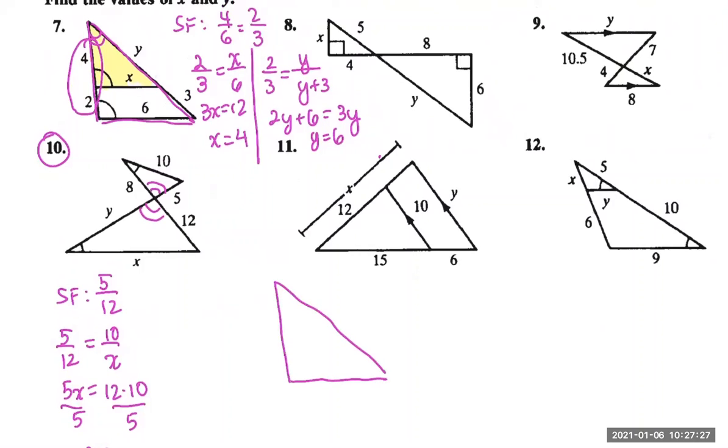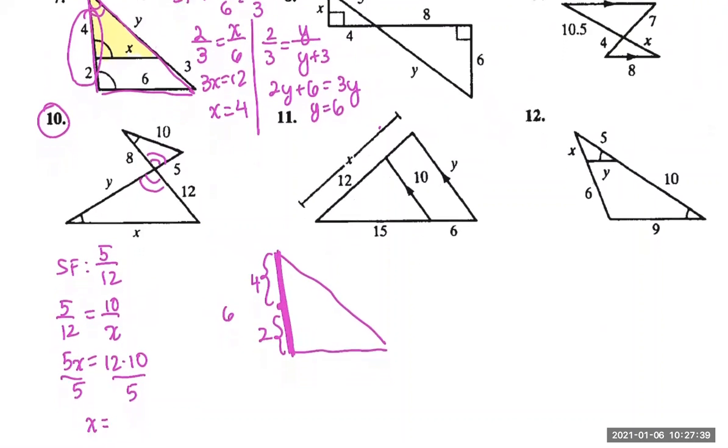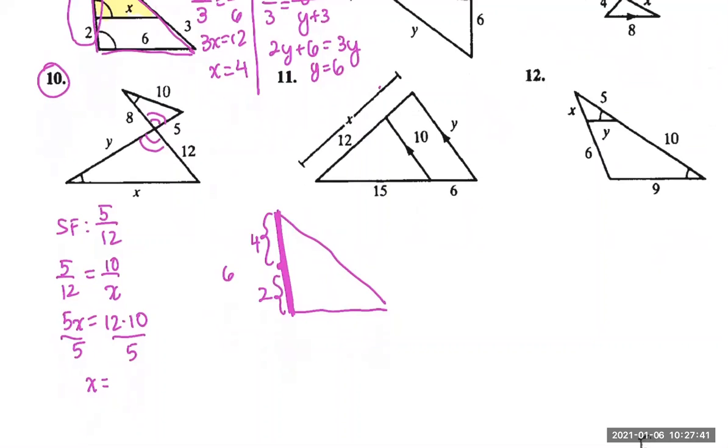So if you look at number 7, they're saying this part of it is 4 and this part of it is 2. So to find the entire side, they didn't give you the total, so you have to find the total yourself. They were overlapping. That's why you have to add it. Whereas number 10, the triangles aren't overlapping. They just give you the side length of it. So there's no need to sum up the side lengths.